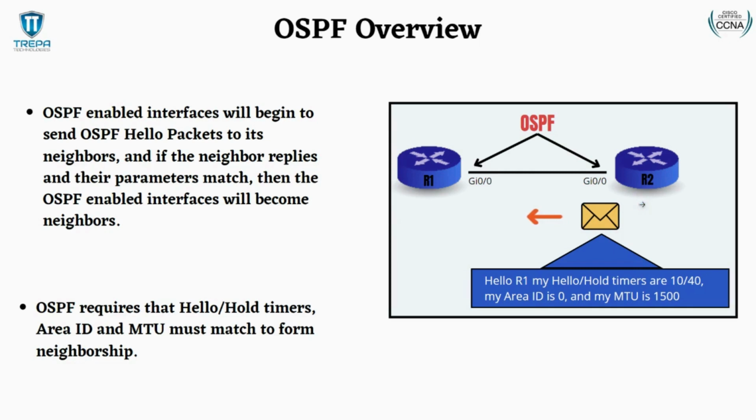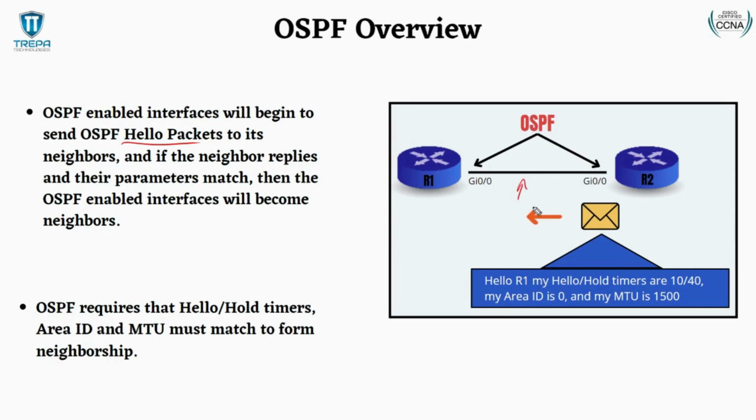Okay, more overview. Now we're just going to go over a high-level overview of how OSPF works and functions with these blurbs, right? So what's going to happen when two routers want to run OSPF and discover each other using OSPF and become neighbors? Any OSPF-enabled interface is going to send what we call an OSPF hello packet to its neighbor.